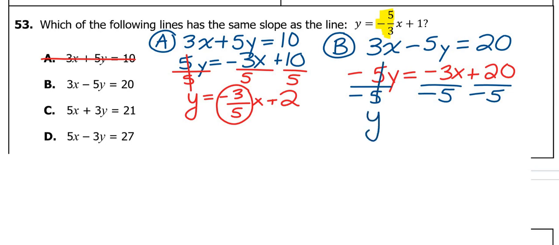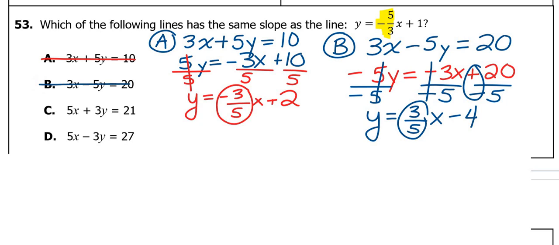So now we have y equals negative 3 divided by a negative 5. The negatives cancel, so it's just a positive 3 over 5x. Positive and negative make a negative. 20 divided by 5 is 4. So 3/5 x minus 4. 3/5 is your slope. So it's not choice B.